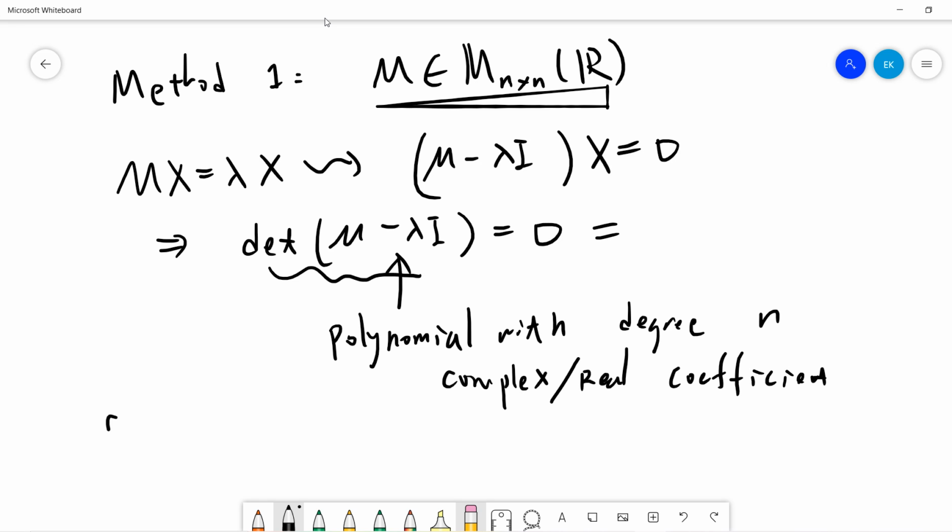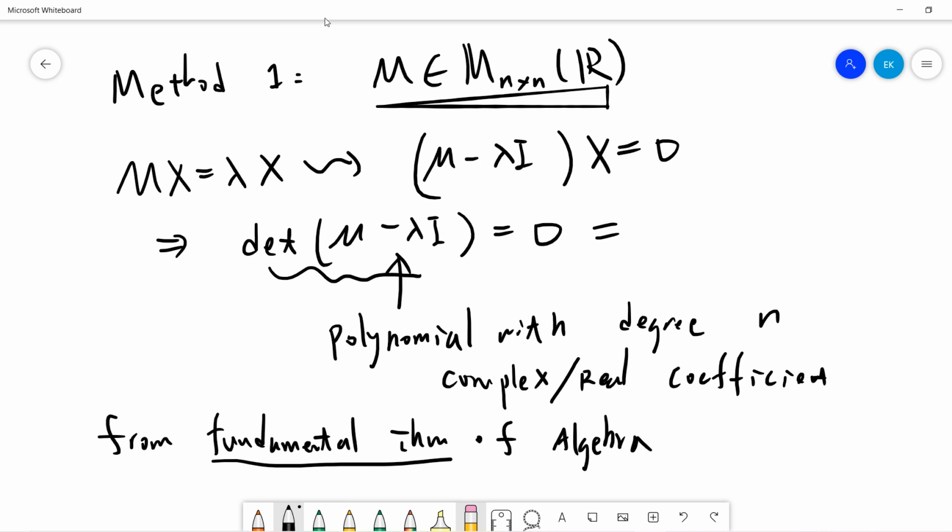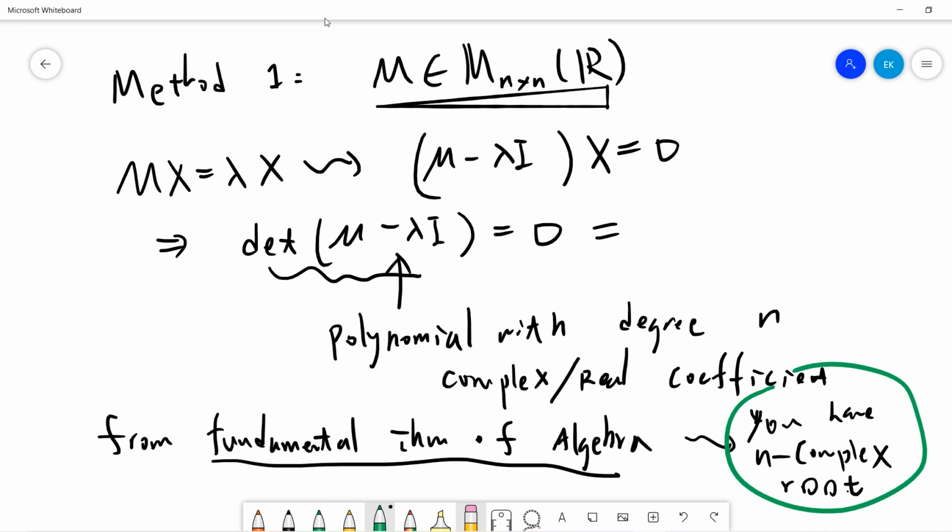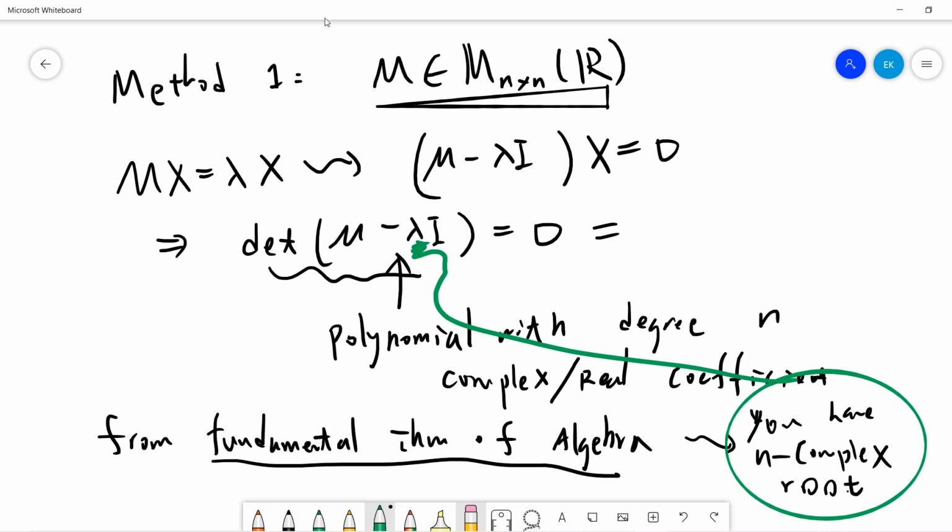From the fundamental theorem of algebra, any polynomial of degree n with real coefficients must have n complex roots. So you have n complex roots, and this indicates that the eigenvalue exists.